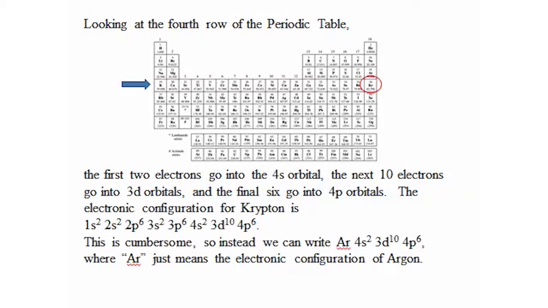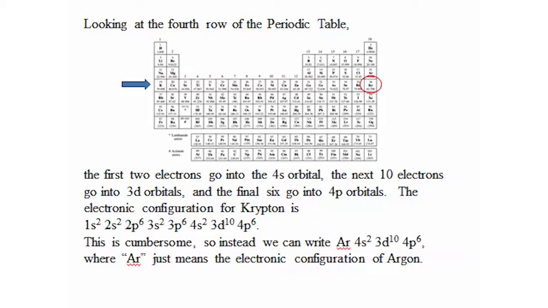Looking at the 4th row of the periodic table, the first 2 electrons go into the 4s orbital, the next 10 electrons go into the 3d orbitals, and the final 6 electrons go into the 4p orbitals. The electronic configuration for krypton is 1s squared filling the first shell, 2s squared 2p to the 6th filling the second shell, 3s squared 3p to the 6th, 4s squared 3d to the 10th, 4p to the 6th.